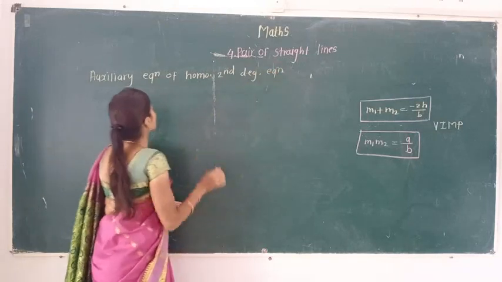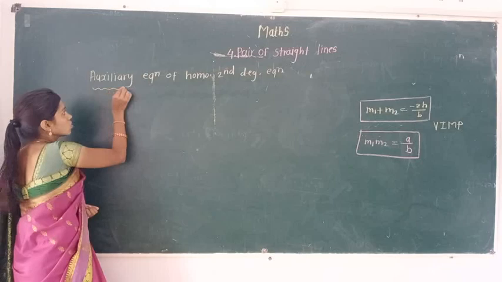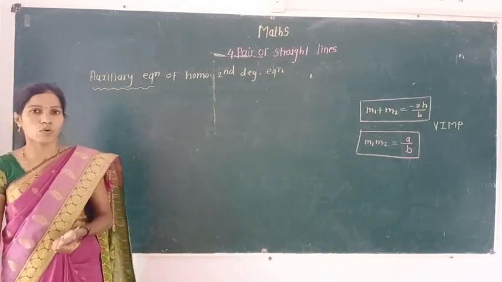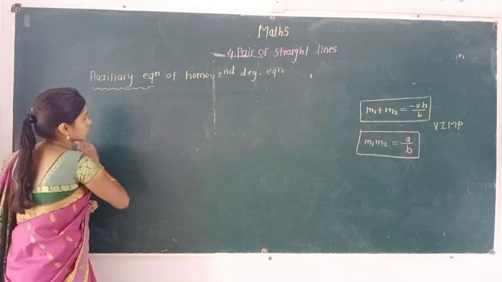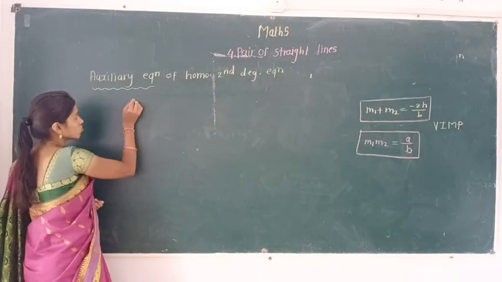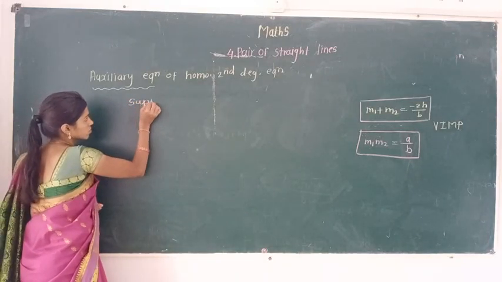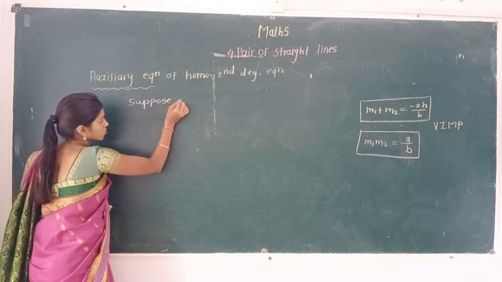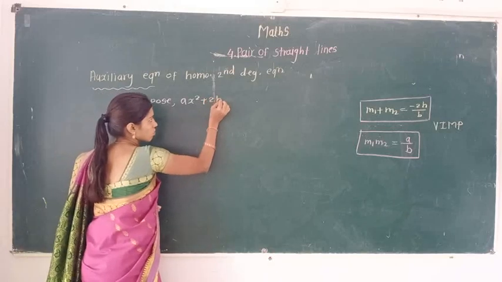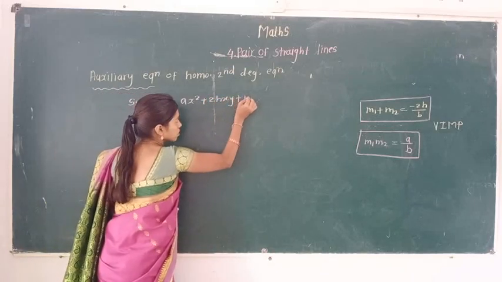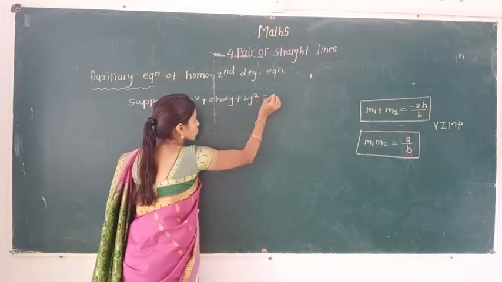See, what is the auxiliary equation? Auxiliary equation is also known as a quadratic equation. Suppose we consider the homogeneous second degree equation ax square plus 2hxy plus by square is equal to 0.